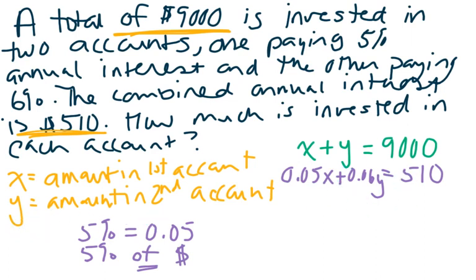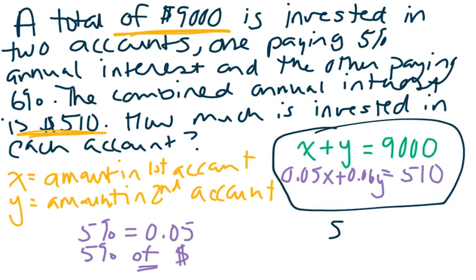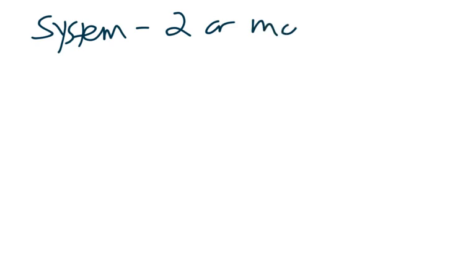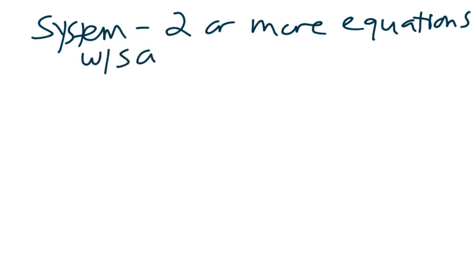And now, this is what is called a system. That's important to know so that you recognize this particular kind of problem. This is how I define system for my students: a system is two or more equations with the same variables.